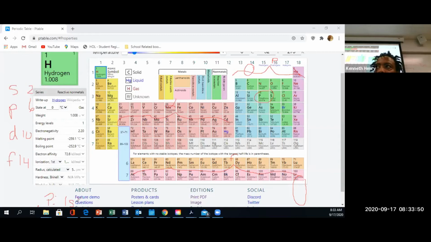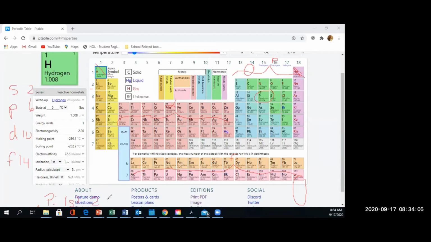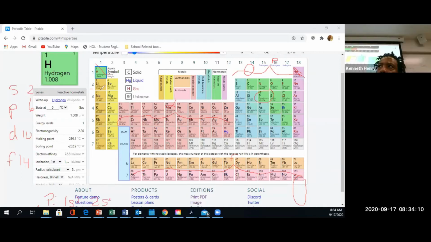That gets rid of helium. So that's your 1s. Then we have the second period, that would be 2s2. So that counts for those electrons.